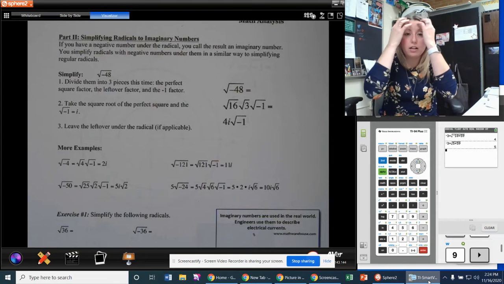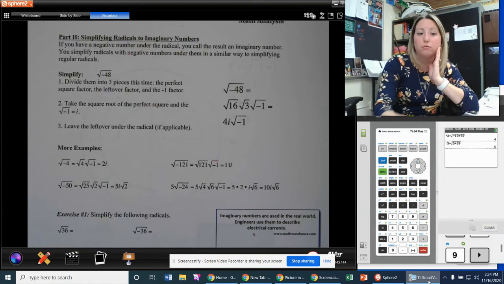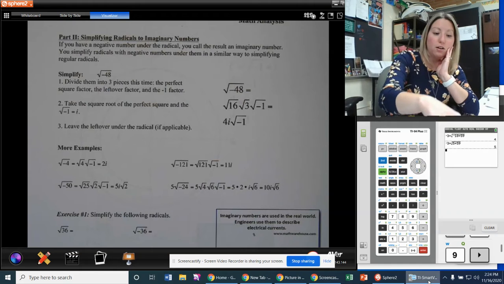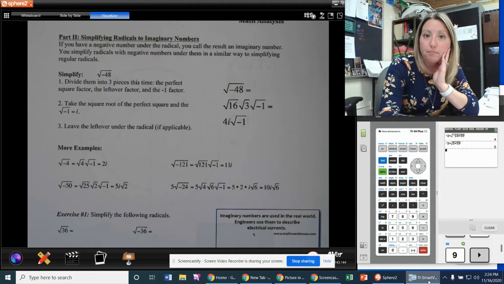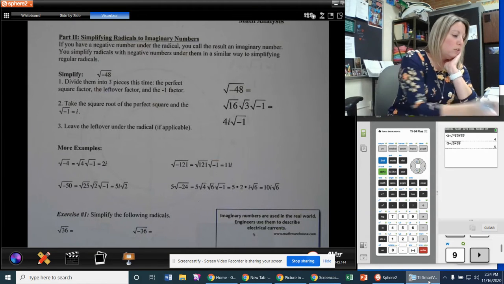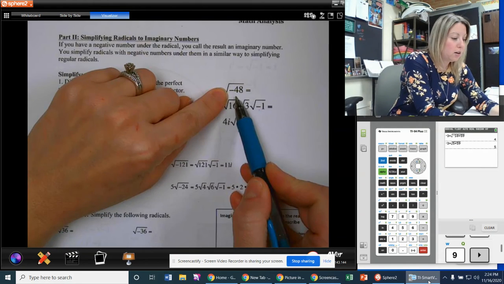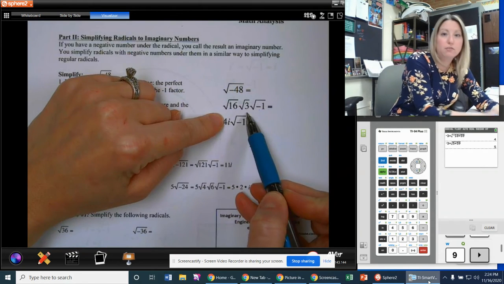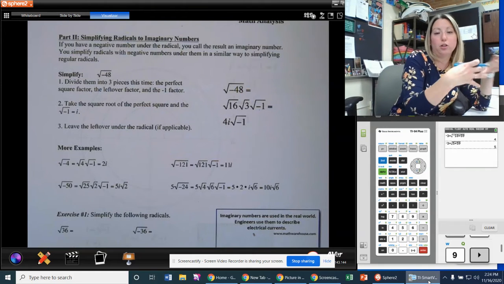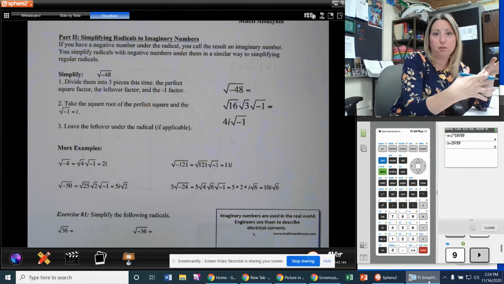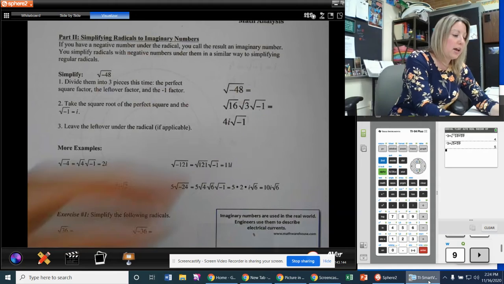So basically, it's just one more piece of the perfect square left over. Now there's one more piece that's an I. Once you take a -1 out of that negative number, the leftover is positive, and that's what you're dealing with, the regular perfect square and leftover deal. We do attach the I.